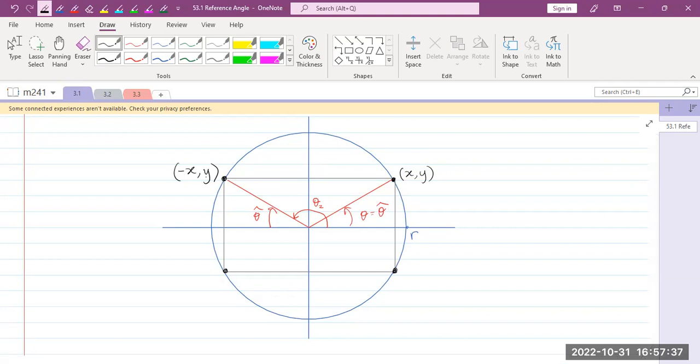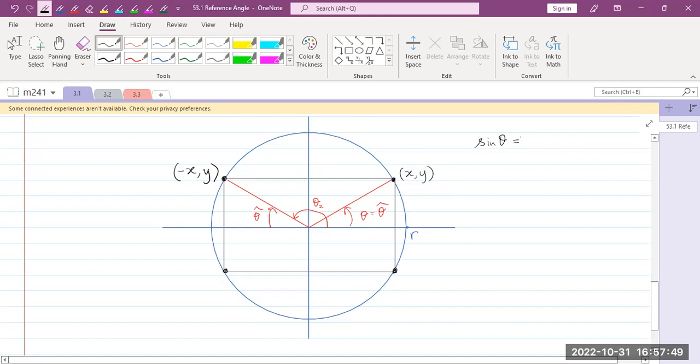Now, go back to definition 1 of our trig functions. Suppose we talk about sine theta, the one in quadrant 1. Sine theta is y over r. Cosine theta is x over r. Tangent theta is y over x, right?